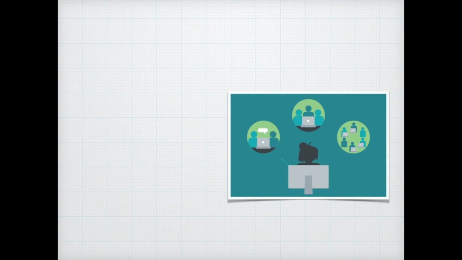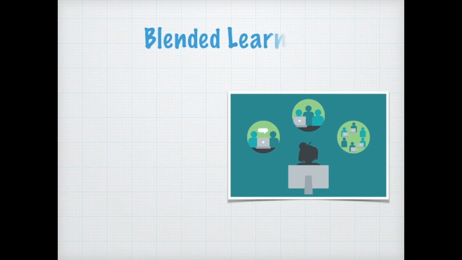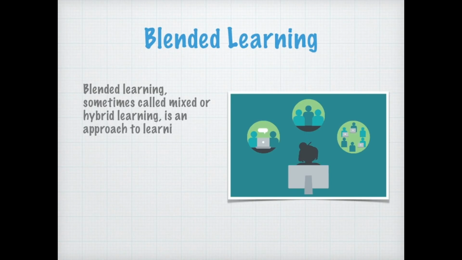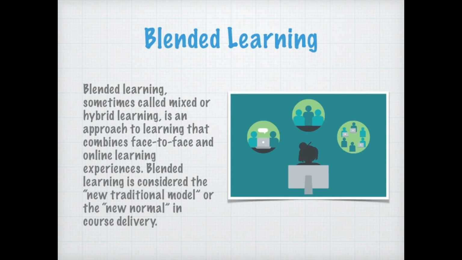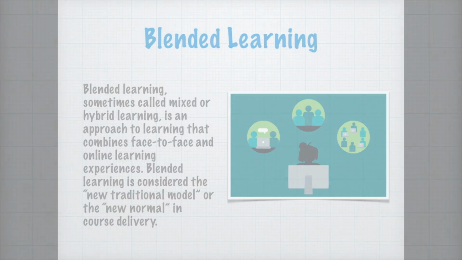Now we're going to discuss blended learning. Blended learning, sometimes called mixed or hybrid learning, is an approach to learning that combines face-to-face and online learning experiences. Blended learning is considered the new traditional model or the new normal in course delivery.